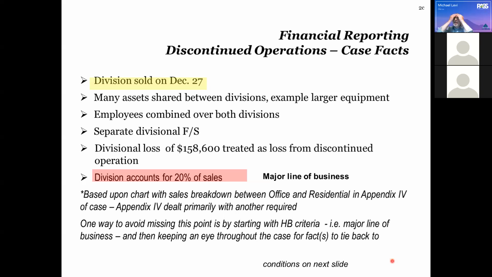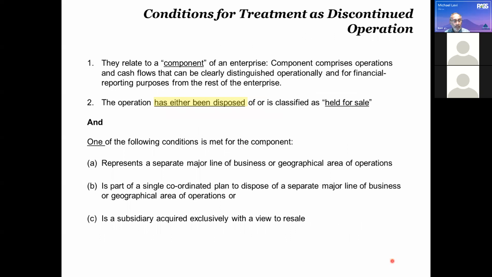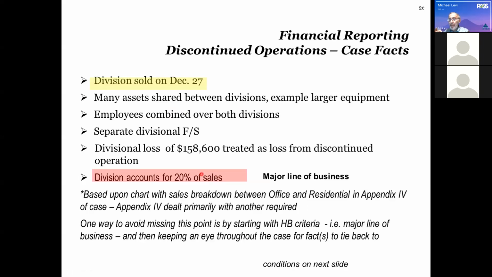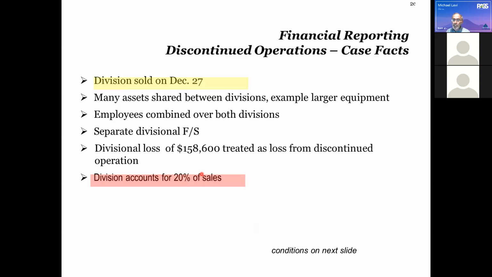I know that I need to tie back to these conditions, so I'm looking for case facts I can use to tie back to them. So when I get to Appendix 4, I would have said to myself, great, I just found the case fact I can tie back to demonstrate that it's a major line of business. Any questions before we go further?